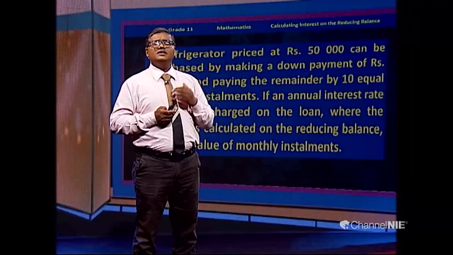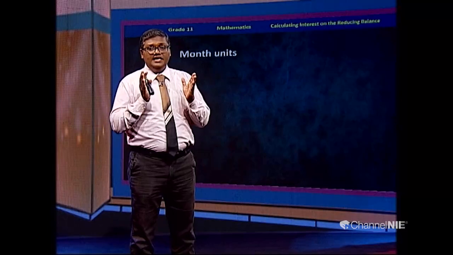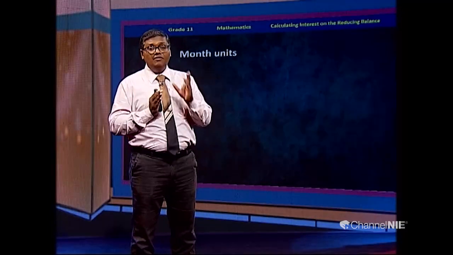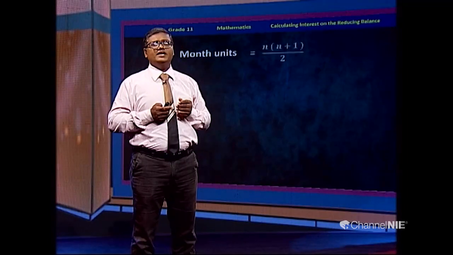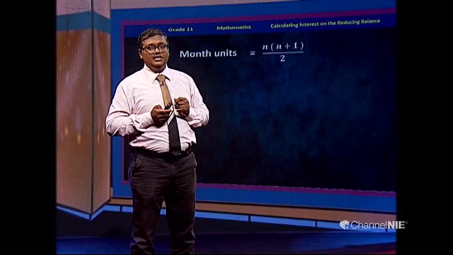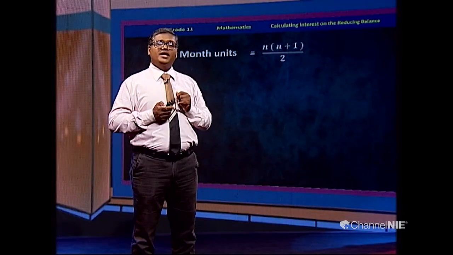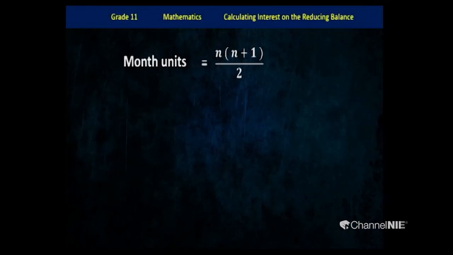Then after that, what shall we do? Now we found the interest for a monthly unit. Now we have to see how many monthly units are there. Let's calculate the number of monthly units. Our formula, I think you can remember, n into n plus 1 divided by 2. I explained it earlier also. Here n means number of months. How many months? 10. 10 into n plus 1 means 10 plus 1.